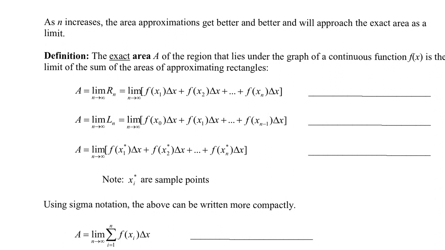To get the exact area, we actually need that limit. We're always going to have approximations until we take the limit. It was just like before when we were talking about derivatives. We were taking the limits of those secant lines, using the slope formula from algebra class, so we would get an approximation until we actually took the limit, and then we got the slope of the tangent line. So very similar here.